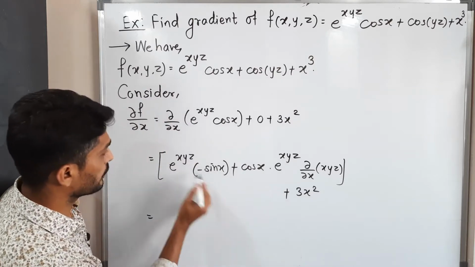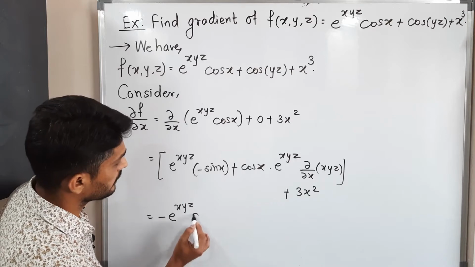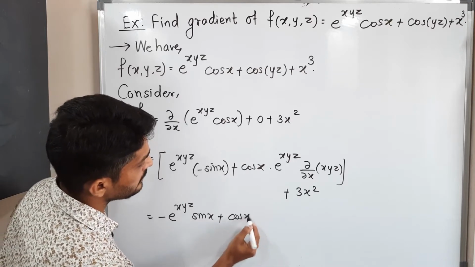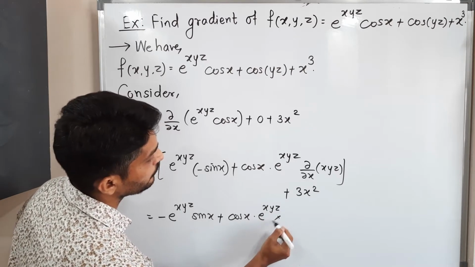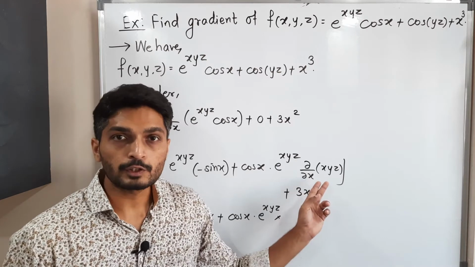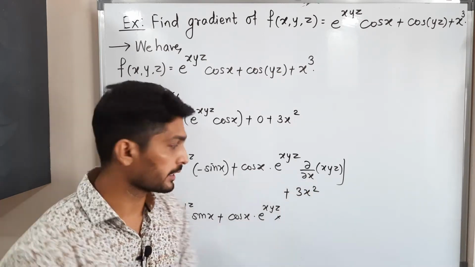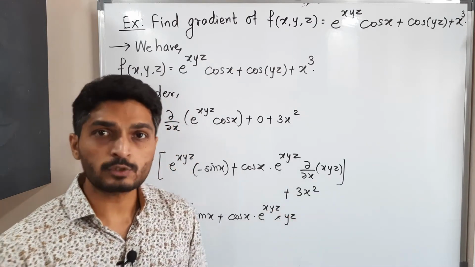So this is equal to, if you simplify, minus e raised to xyz sin x, plus cos x into e raised to xyz into, when you take the derivative with respect to x, y and z are constants. So those terms will come outside, y and z will come outside, and in the bracket there will be x only.